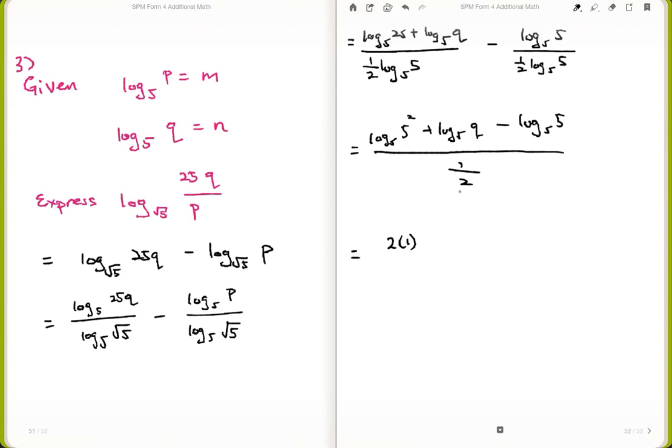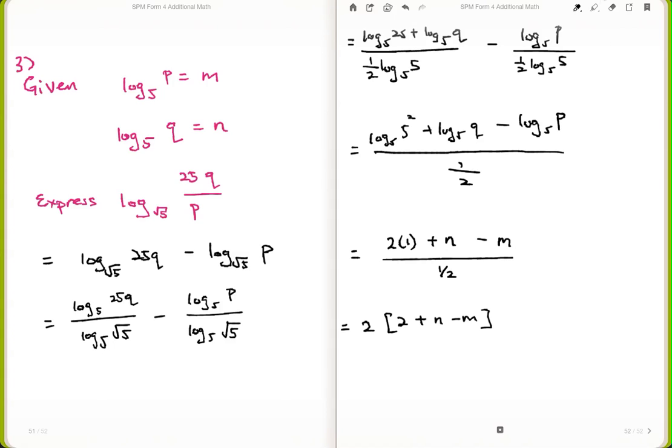Log 5 q is n, plus n, minus log 5 p over log 5 5. So therefore log 5 p is m over a half. So you bring it up, therefore that would be 2 times 2 plus n minus m is the answer.